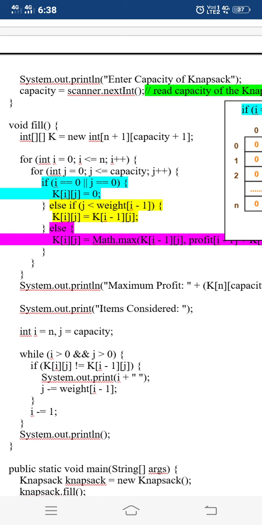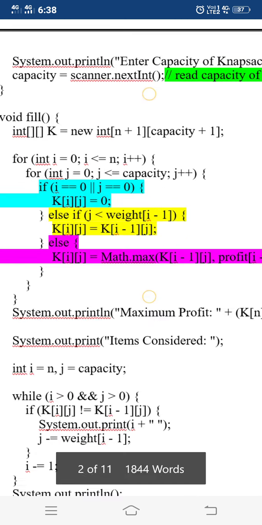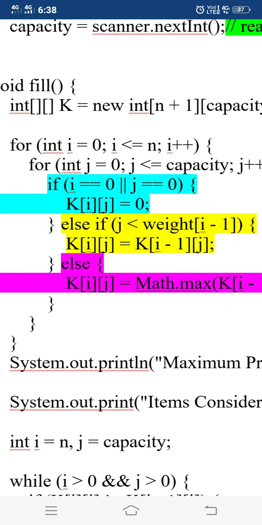The i value varies from 0 to n, j will vary from 0 to capacity. Now whenever the value of i equals 0 or j equals 0, K[i][j] will be equal to 0.